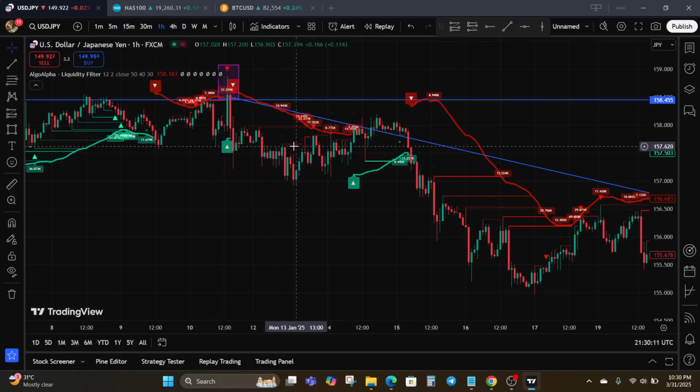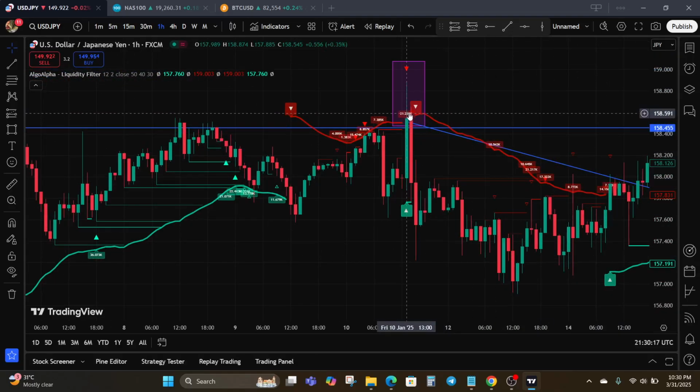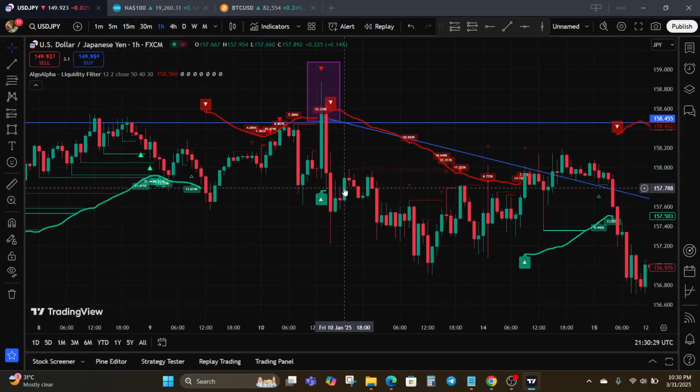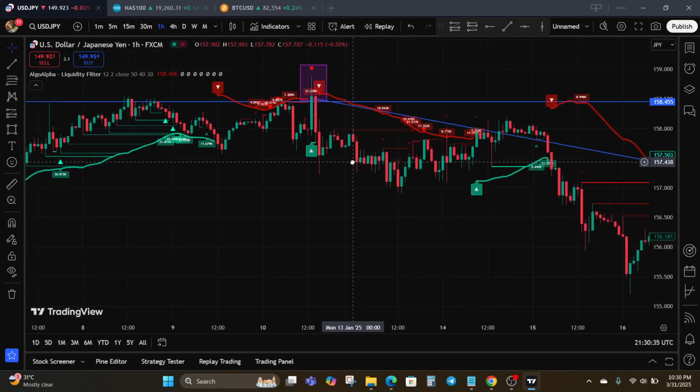So the liquidity sweep finder indicator helps identify these liquidity zones, allowing you to avoid false breakouts by spotting smart money moves. The indicator helps you to enter at key reversal zones where liquidity has been cleared.